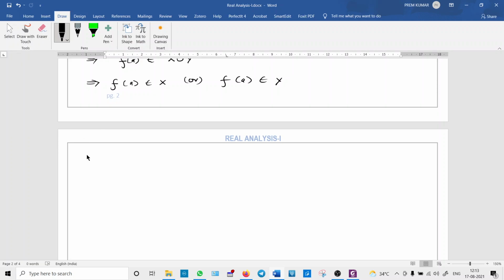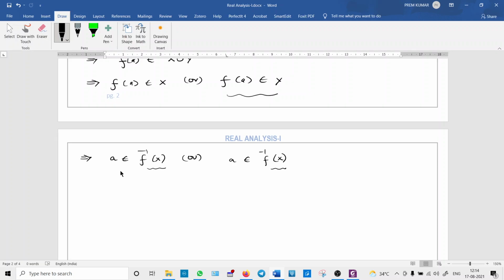So which implies, if f of a belongs to X, then my a belongs to what? f inverse of X. Or here, if f of a belongs to Y, my a must belong to what? f inverse of Y. So my a belongs to, this is also a set, all the inverse images belong to the domain.